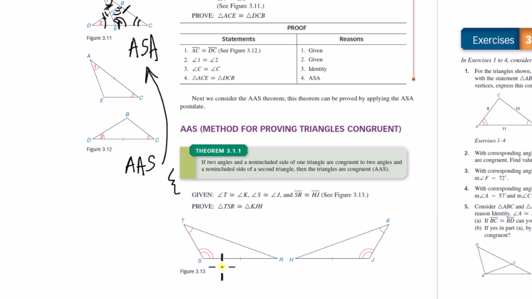Well, okay, because we have two angles that are congruent. Yeah, I didn't state that right. It's not just that we can find the third angle. If two of the angles are congruent, then we know that the third angle between the two triangles has to be congruent, right? If these two angles are the same, then the third angles are going to have to be the same as well.